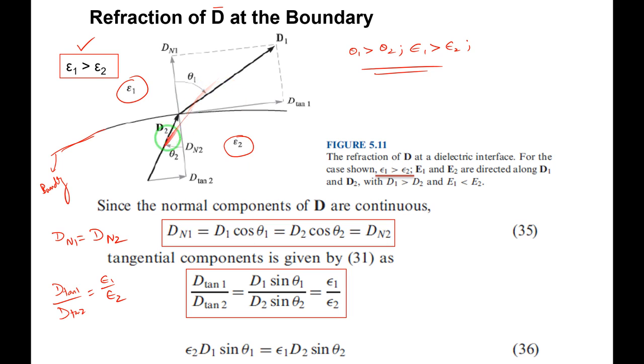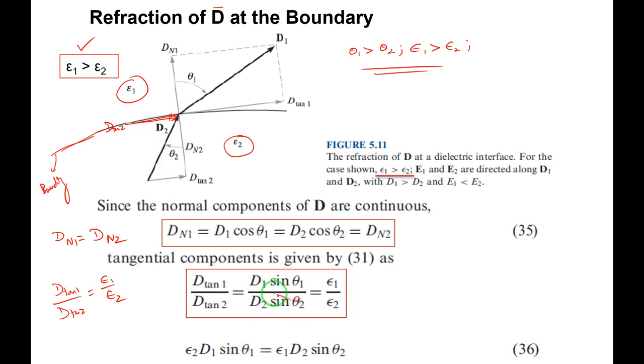D tan 2 will come here, but parallel to this we'll take it here. How to calculate this D tan 2, right? Similar to this, instead of taking here, let me take D tan 2 here. Then what is D tan 2? D2 sin theta 2.